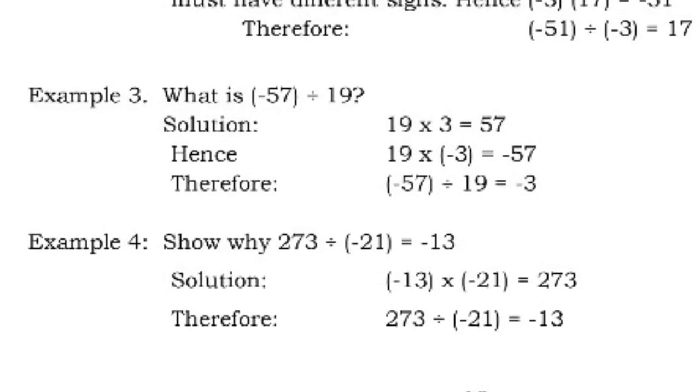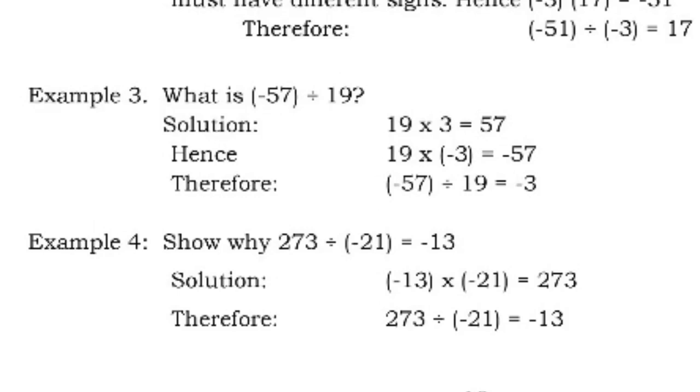3. What is negative 57 divided by 19? So this is negative divided by positive. So our answer here should be negative. So since 19 times 3 is 57, hence 19 times negative 3 equals negative 57. Therefore, negative 57 divided by 19 equals negative 3.